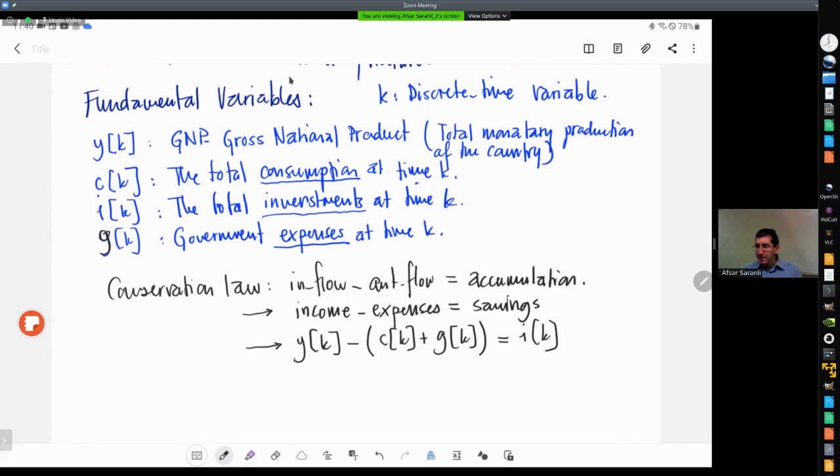So gross national product minus the sum of the consumption and the government expenses has to be equal to the investments.